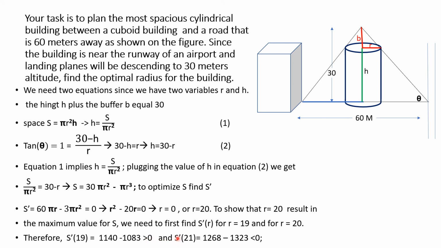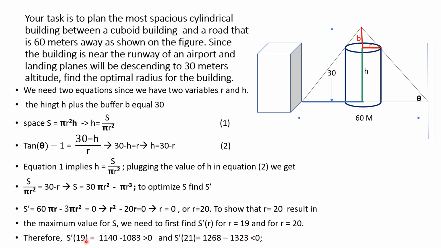If we look at S prime evaluated at 21, that means we plug in 21 for r and 21 squared over here, and that will give us 1268 minus 1323, and this is less than 0.